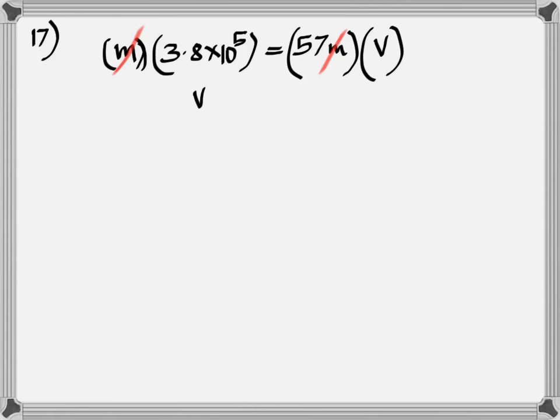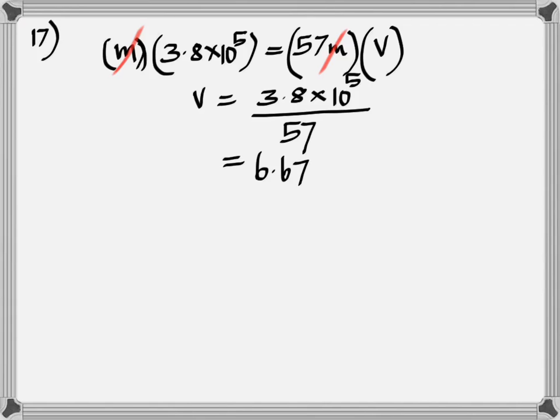That's why it's 57 times m. And according to the conservation of momentum, the two momenta must be equal. Therefore, the velocity of recoil is 6.67 times 10 to the 3 meter per second.